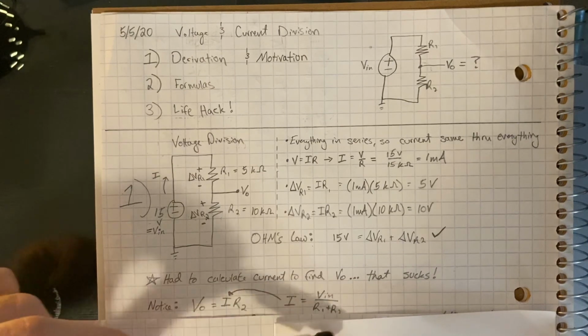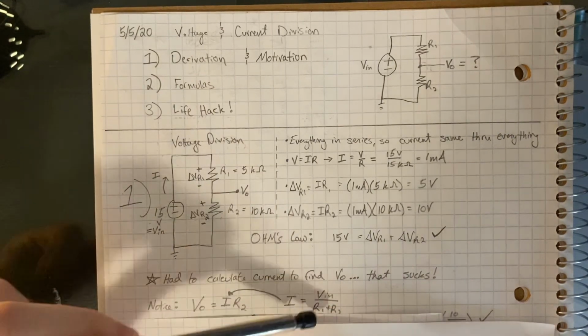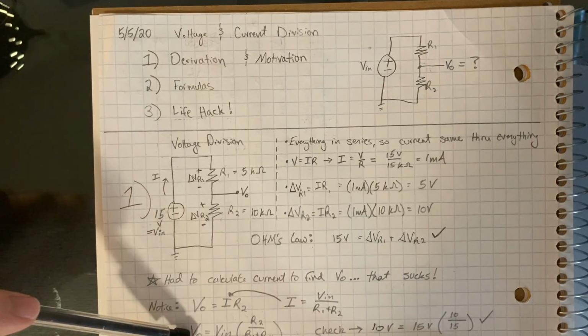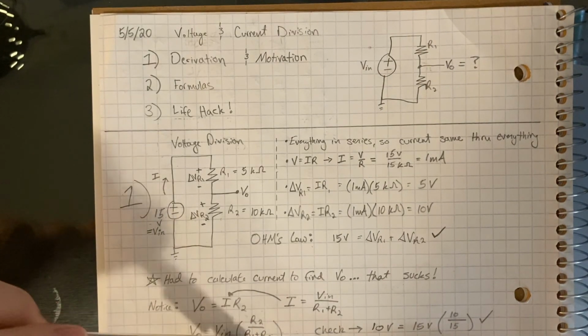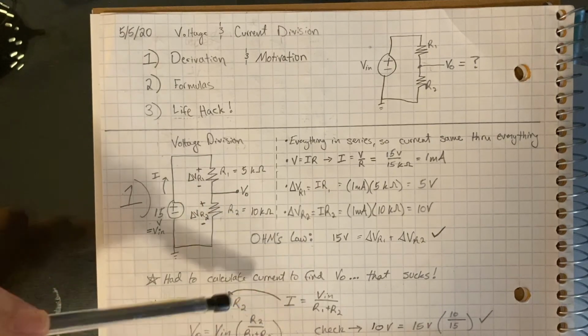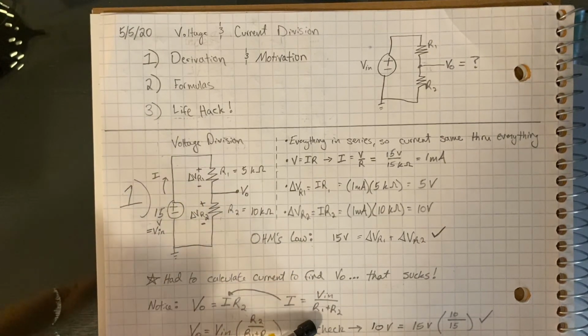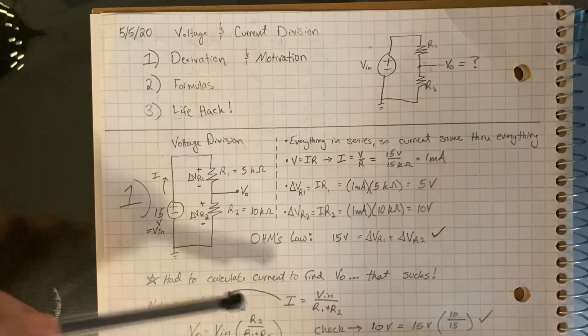We don't actually need to calculate this. If we sub it back in here, we can just say V out is V in times R2 over R1 plus R2. See here, we just moved V in here. I turns into V in over R1 plus R2, and we're done.